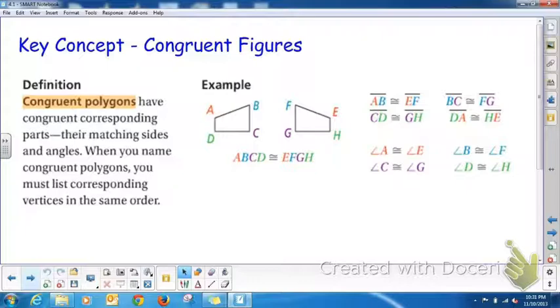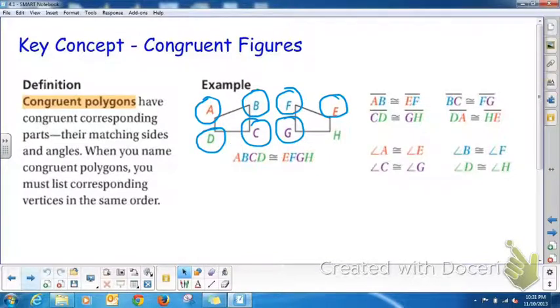An example here, we have this quadrilateral ABCD. You'll notice that the quadrilateral EFGH is flipped, but the corresponding parts, A matches to E, B matches to F, C matches to G, and D matches to H. It's essential that you name these parts in this order.